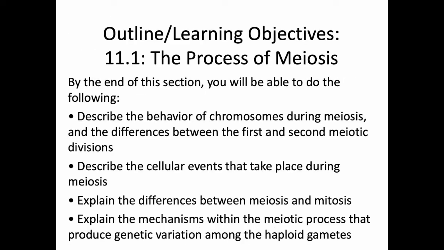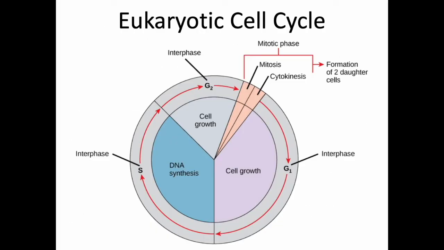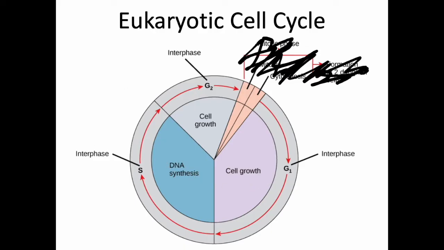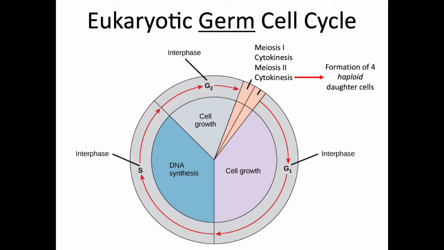So if we want to talk about the process of meiosis, I talked about how much I liked this particular figure in the last chapter, so I'm actually just going to modify this. This was mitosis as part of an overall eukaryotic cell cycle. Really, we just cross these ones out and replace them with this. So this is what happens specifically in eukaryotic germ cells.